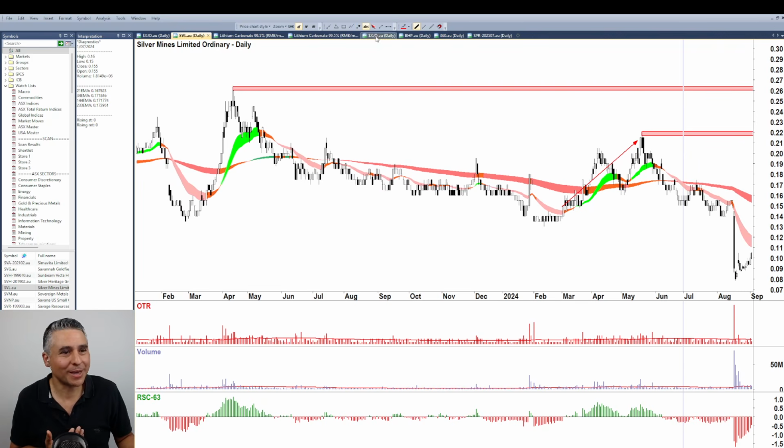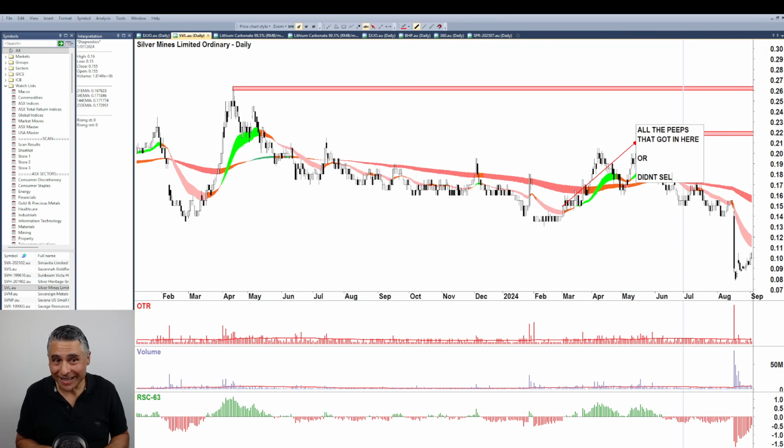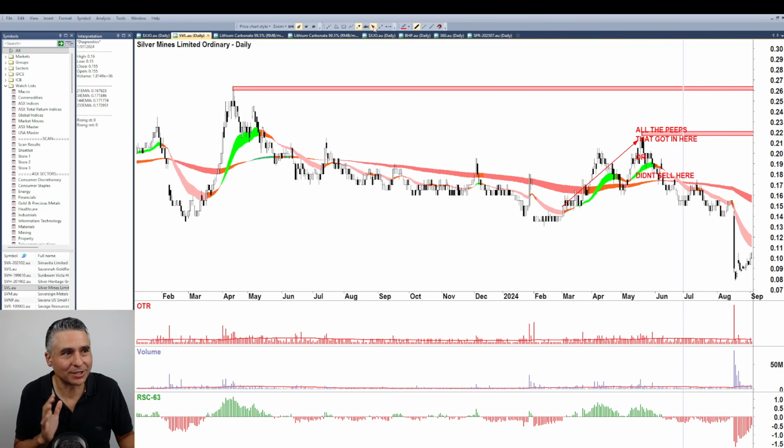And think about all the people who got in here, all the peeps that got in here, or another important one, or didn't sell here. Like they finally got this piece of junk finally. Now, I'm just figuratively speaking. I don't know anything about it, so I'm not saying bad things about it. I'm just saying this is how investors would have felt.